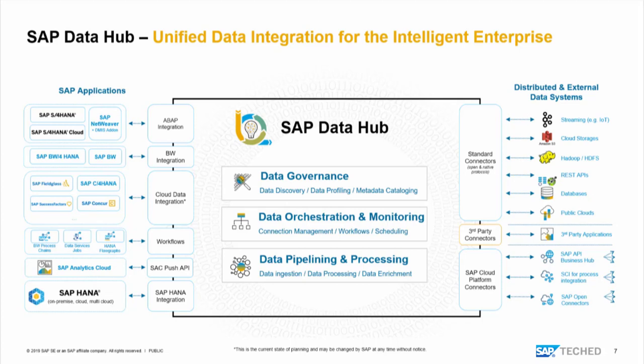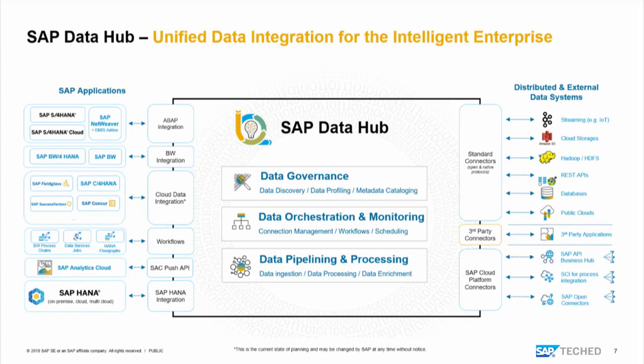And when I say a diverse landscape, I mean scenarios where you have a mixture of, on the one hand side, maybe structured applications, like hopefully a lot of SAP applications, like ABAP-based systems, like a BW system, like a HANA system.